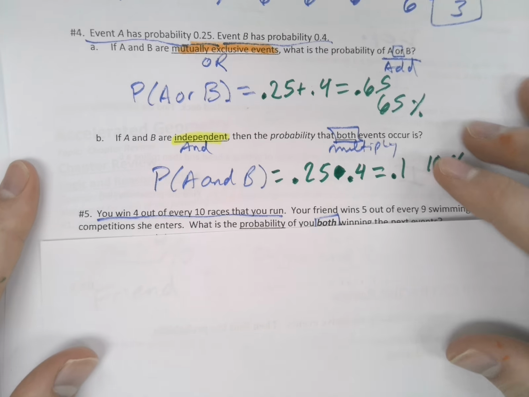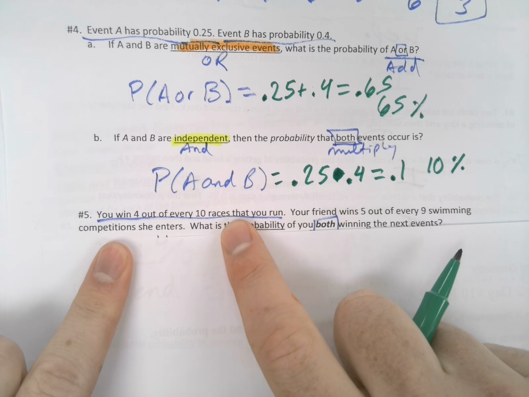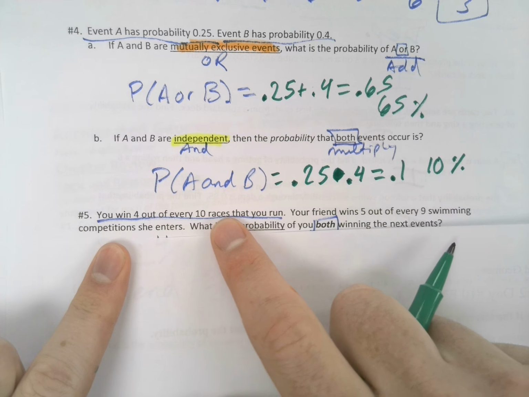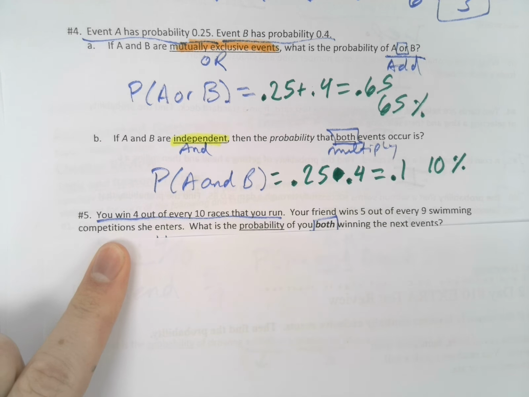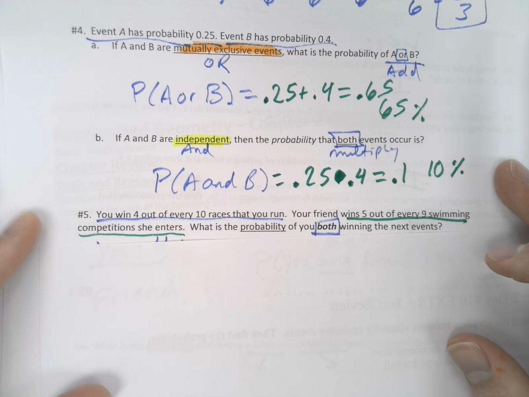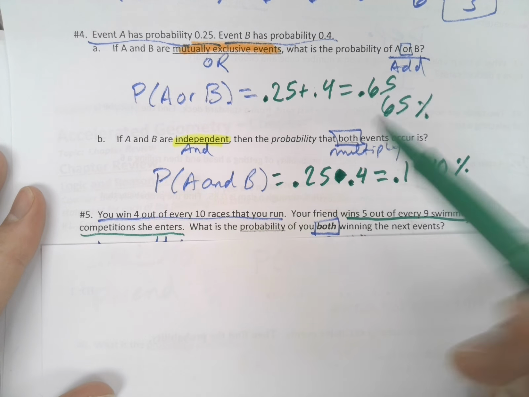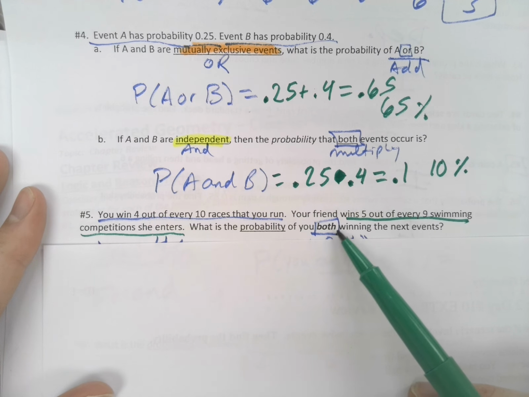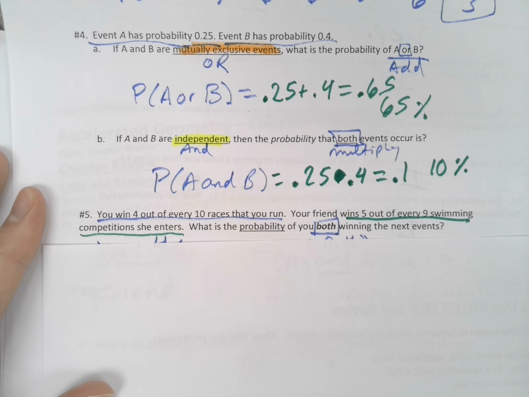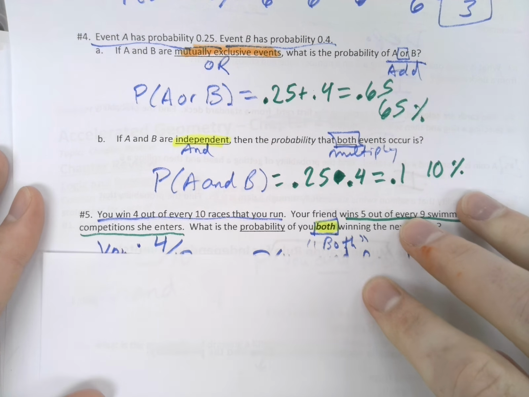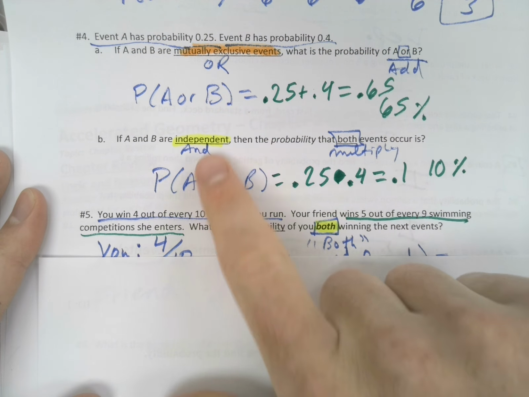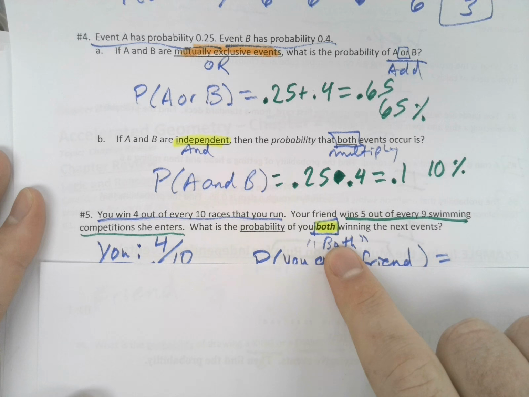So number 5. We win 4 out of every 10 races, unless it's you, in which case, you win 10 out of 10 races. Your friend wins 5 out of every 9 swimming competitions she enters. Okay. Well, I'm not a very fast swimmer, so that definitely wouldn't be me, and I'm not a she. What's the probability of you both winning? Ooh, both. If we see that word both, I want us thinking independent, and if we're thinking independent, we're thinking multiply.